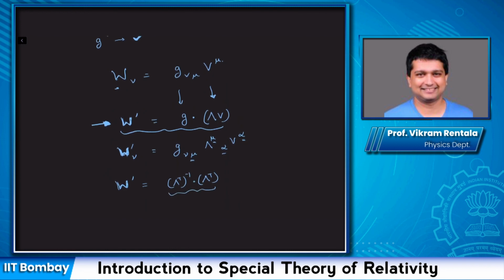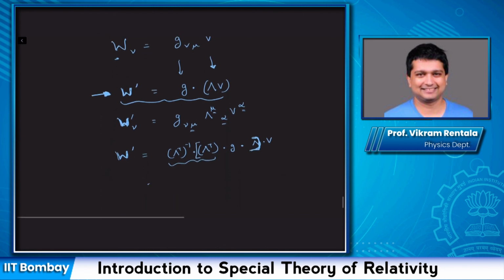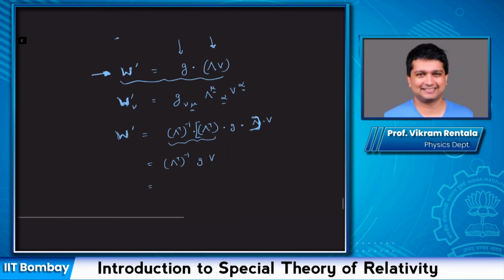So this is the identity matrix dot G dot lambda dot V. And now, since matrix multiplication is associative, we can perform this matrix multiplication first. And by the defining property of the Lorentz transformations, this is just G, so I can write this as G times V. And so now we have lambda transpose inverse times GV, which we can write as W.